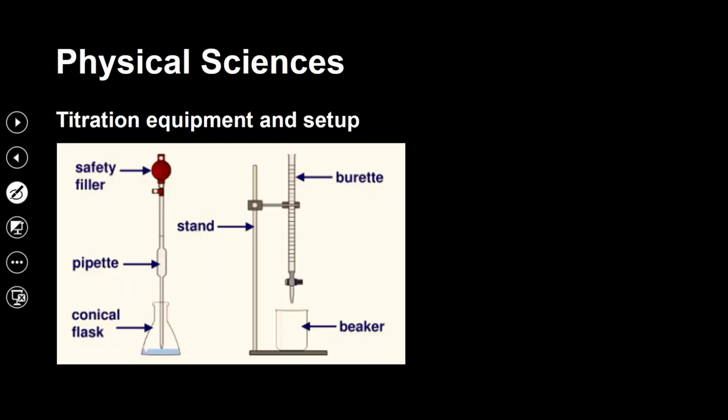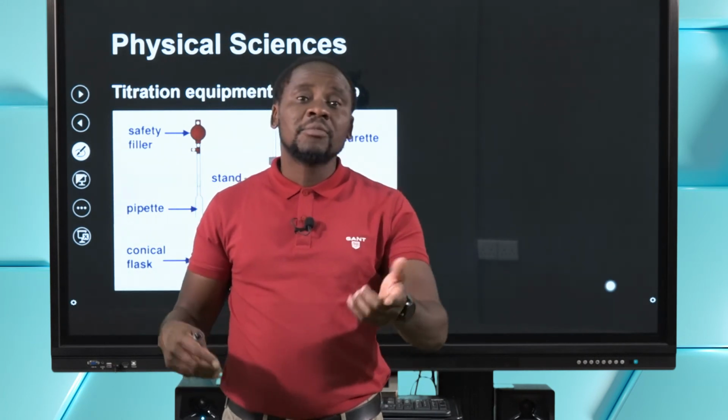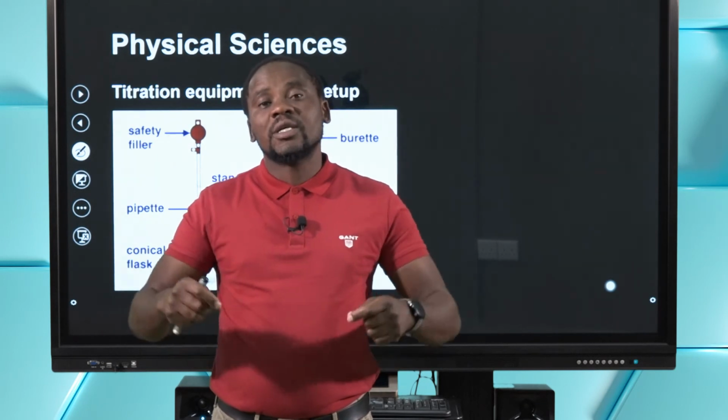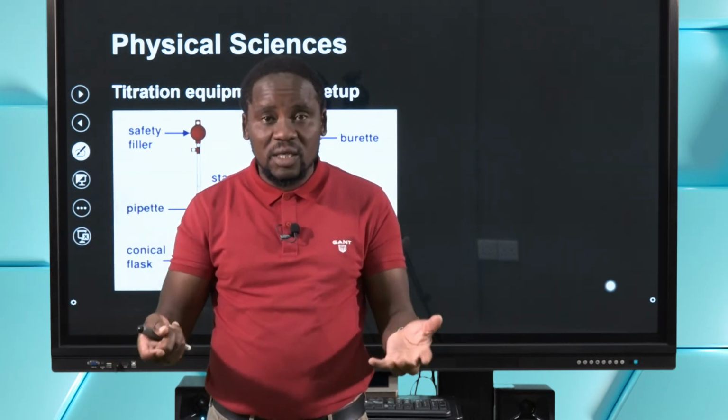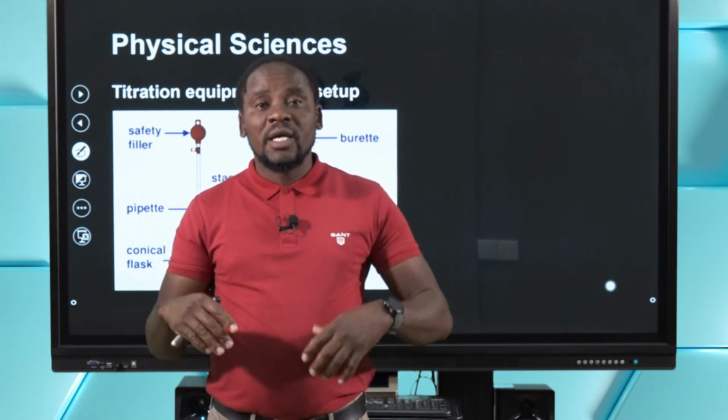And then what exactly are some of the apparatus or equipment involved in a titration? What remains important is for us to be able to identify the correct names of apparatus or equipment that we use to carry out the procedure in a titration, which involves a reaction between an acid and a base.